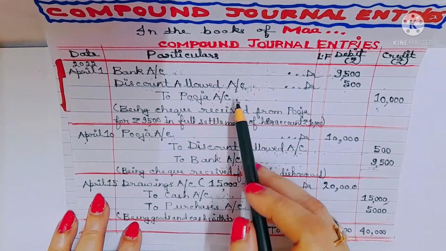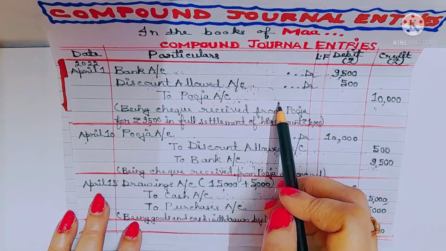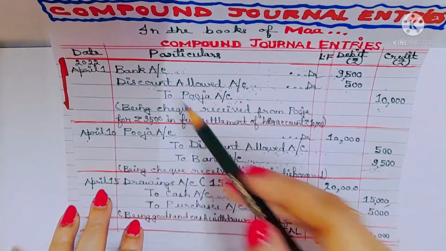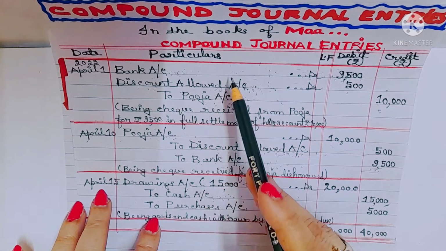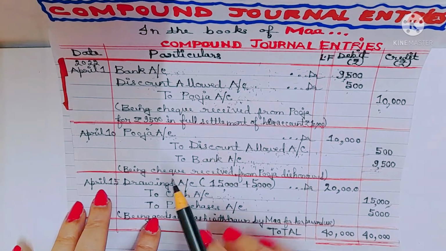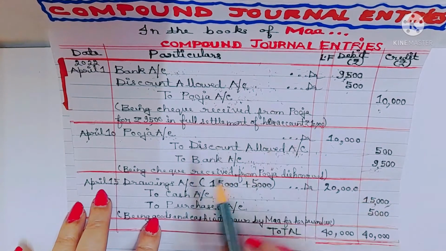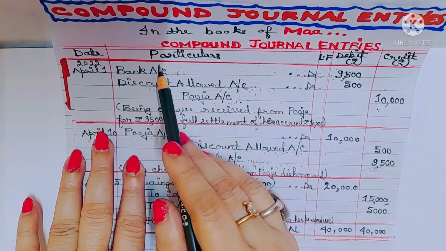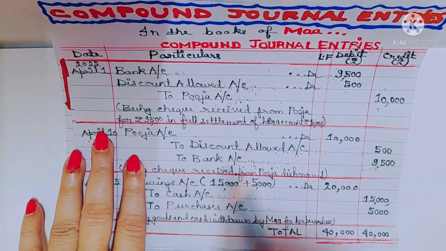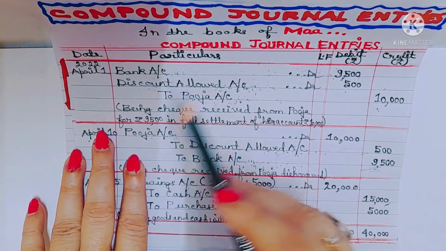Since puja account is on the credit side, opposite ke ache? Two accounts. Bank account and discount allowed account. Both will appear on the credit side in the puja account. Understood? যদি এখানে চারটে অ্যাকাউন্টস থাকতো তাহলে চারটে অ্যাকাউন্টসই ক্রেডিট সাইডে আসতো। অপোজিটে কে আছে?